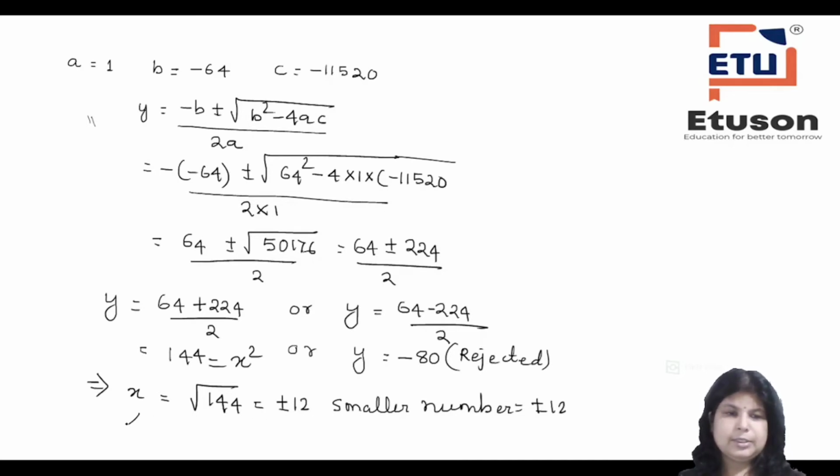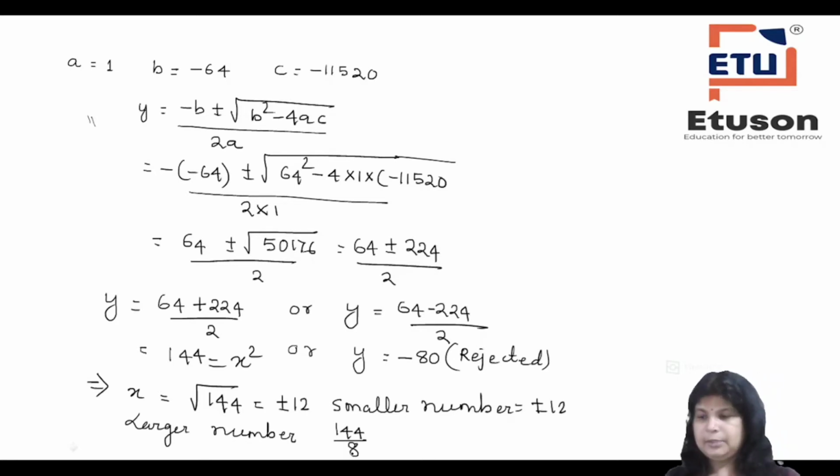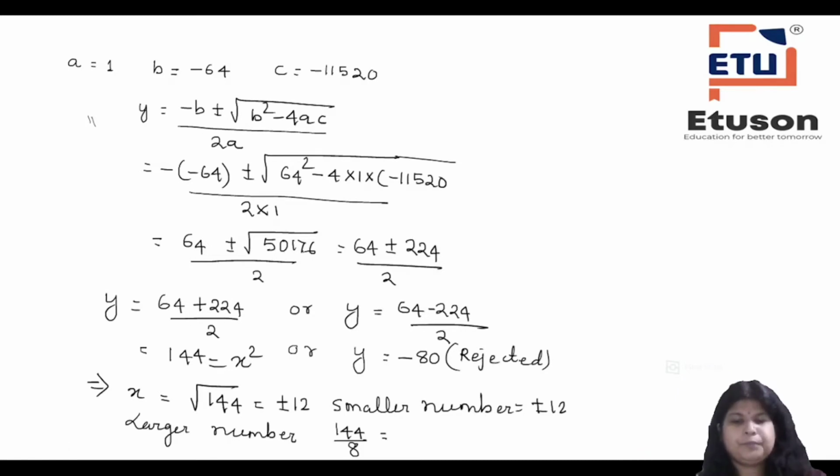Your larger number is equal to square of it, which means 144 divided by 8, that is 18. So your smaller number is plus or minus 12 and the larger number is 18. Correct? So now let us go to the next problem.